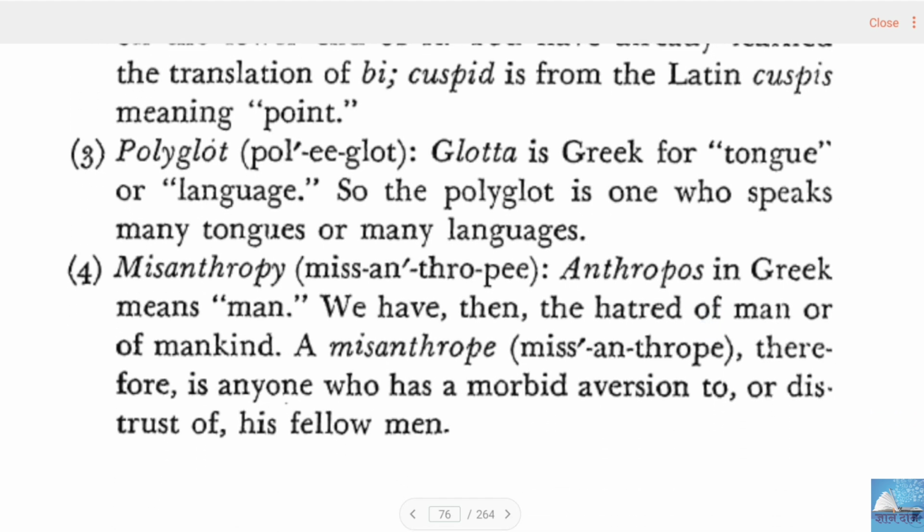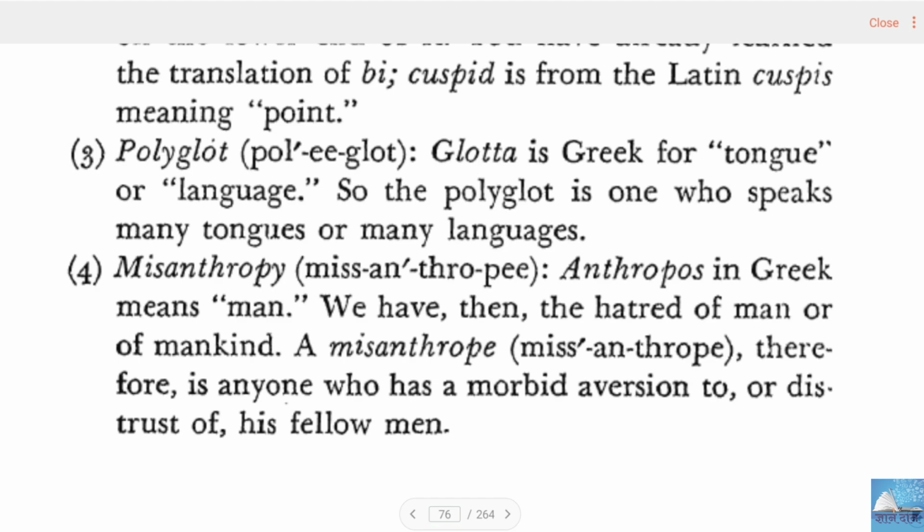Polyglot. Glotta is Greek for tongue or language. So the polyglot is one who speaks many tongues or many languages. Misanthropy.